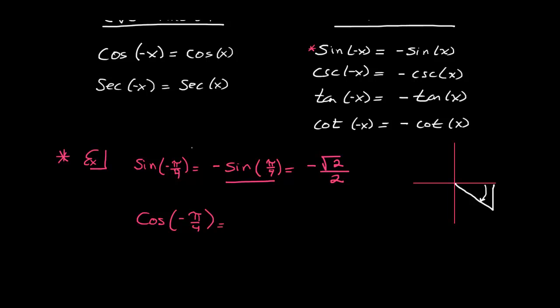But if you remember that cosine is an even function, this will be equal to the cosine of pi over 4 because it's even. The negation of the variable becomes positive. And remember, cosine of pi over 4 is the exact same thing as sine of pi over 4. And that's going to be equal to a positive value of square root of 2 all over 2.